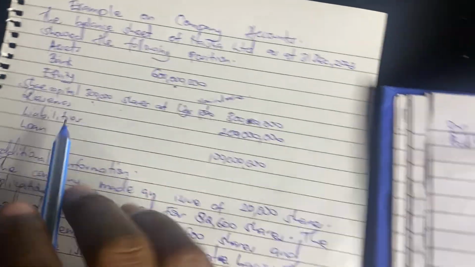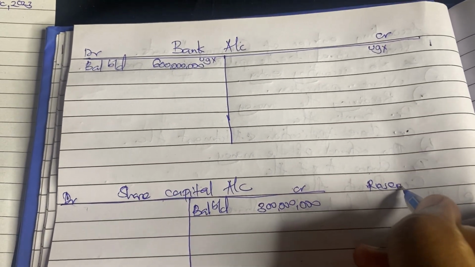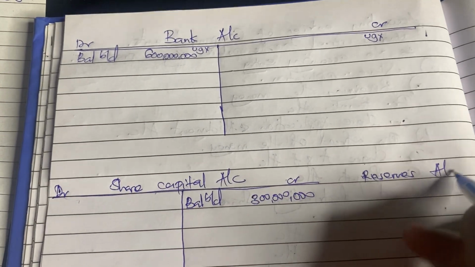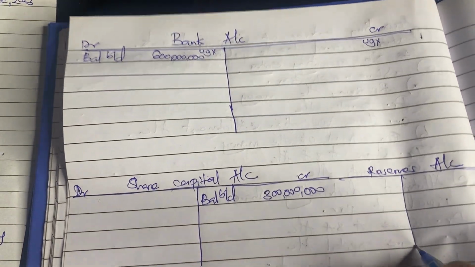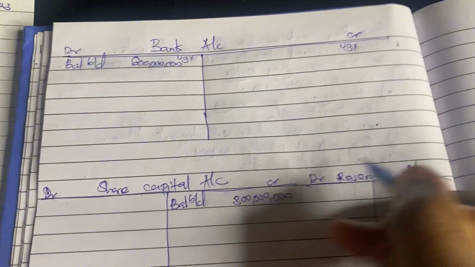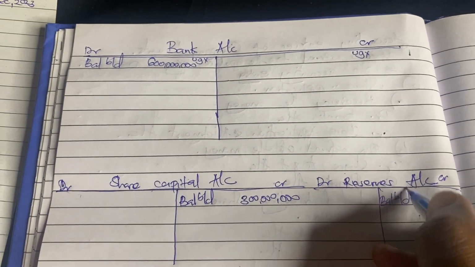Then we have the reserves account. Debit, then credit. Balance brought down is 200M.